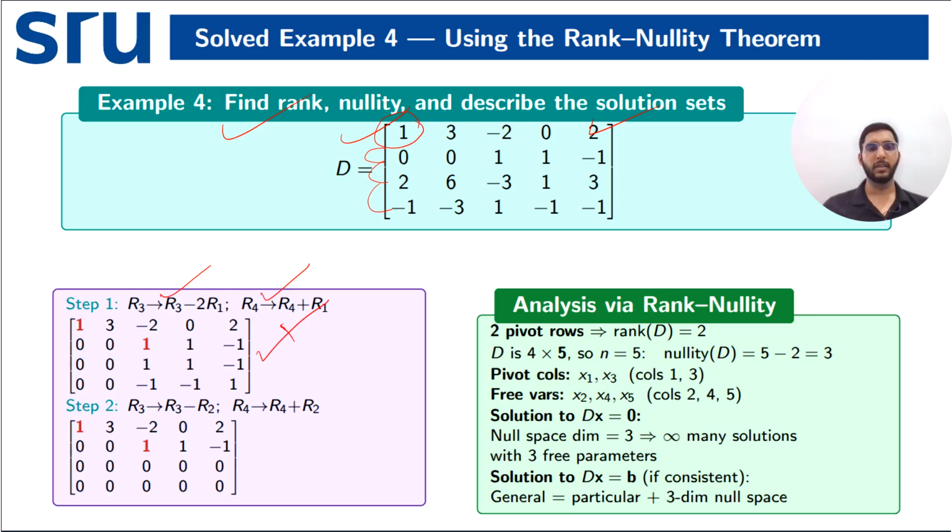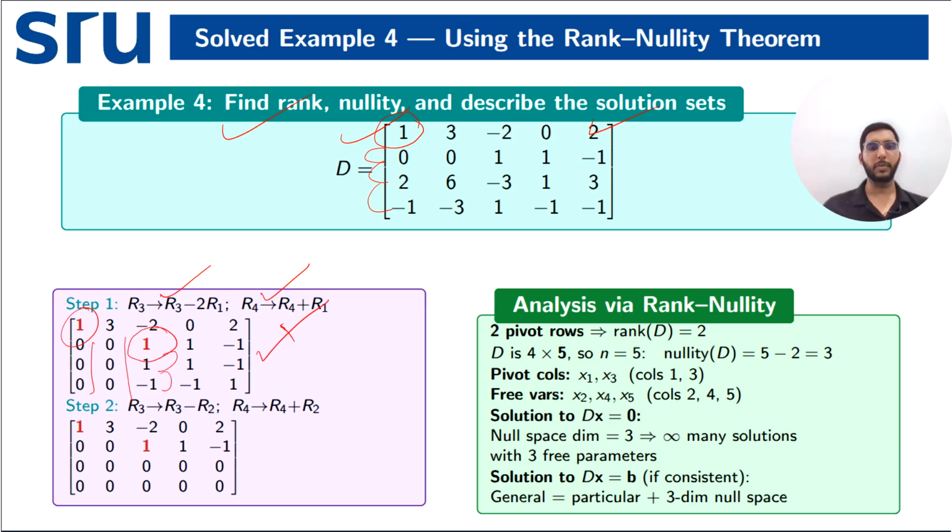Then everything below this first pivot entry is 0. The next column will definitely be free for the free variable. The next pivot entry is this one, at the second row, third column. With the help of this one I need to make 0 here and here.